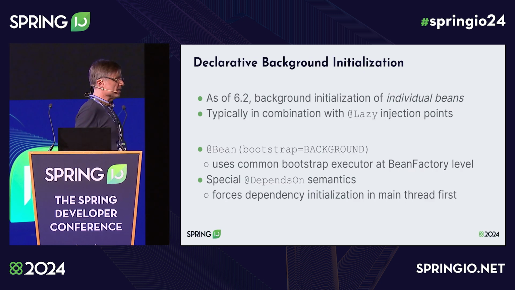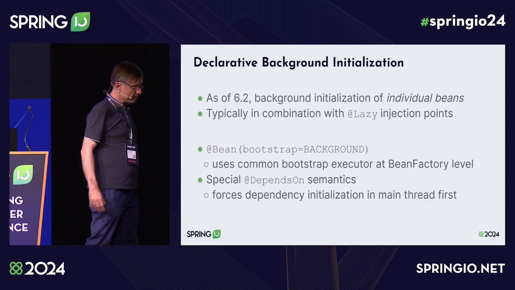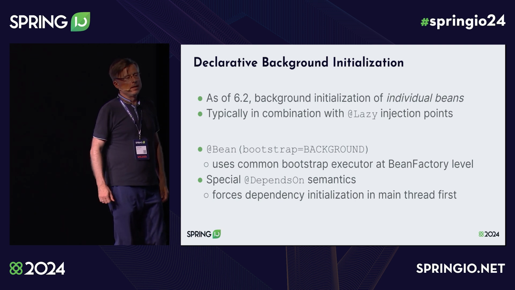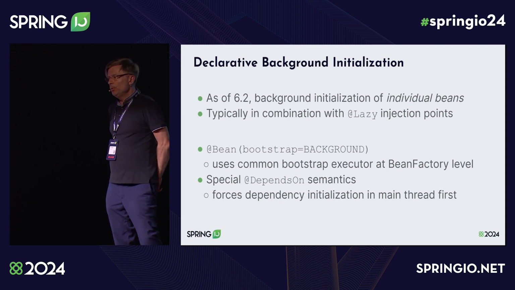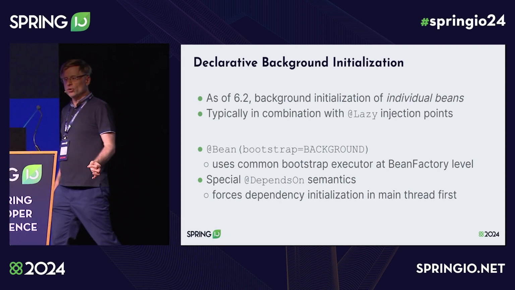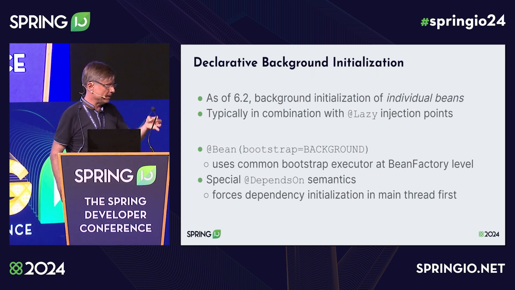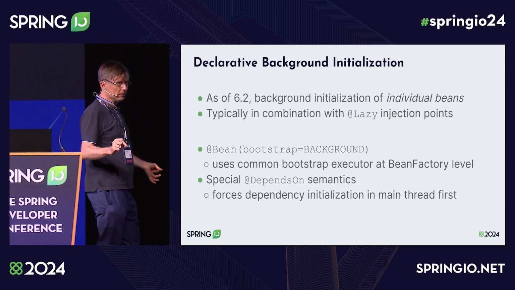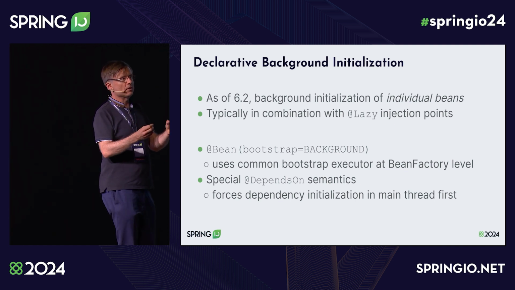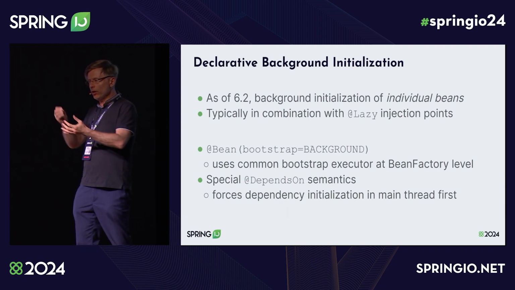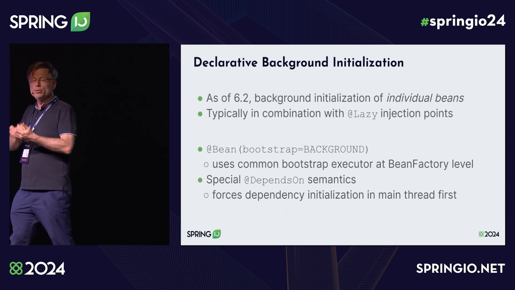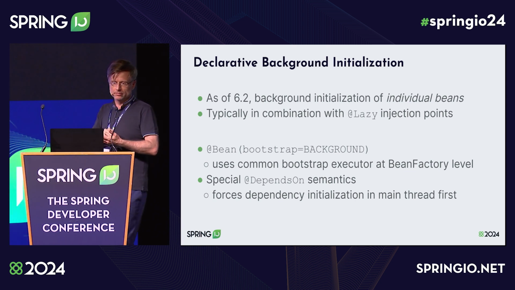So that used to be the state of the art. It still is the state of the art for certain purposes. What's new in 6.2 is a background initialization option for individual beans. You're using the bean definition level at bean factory methods, and you express that you want that particular bean to be bootstrapped on a background thread.